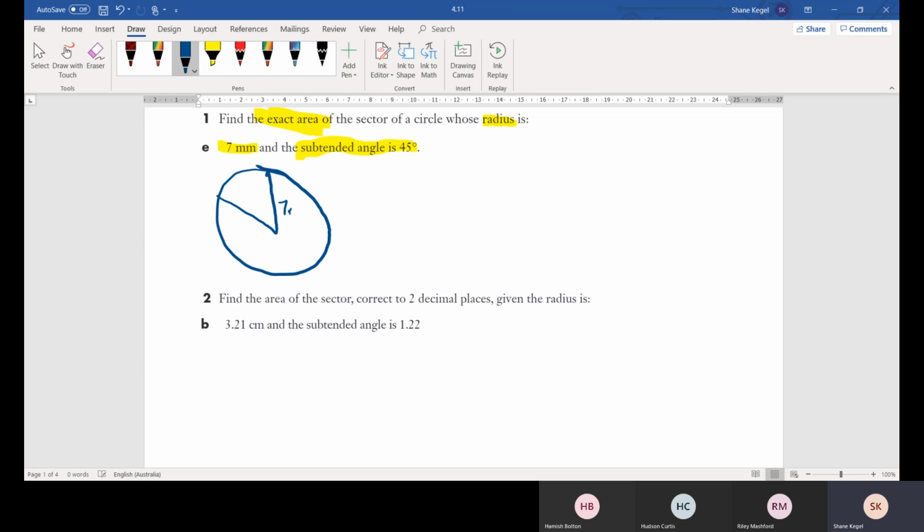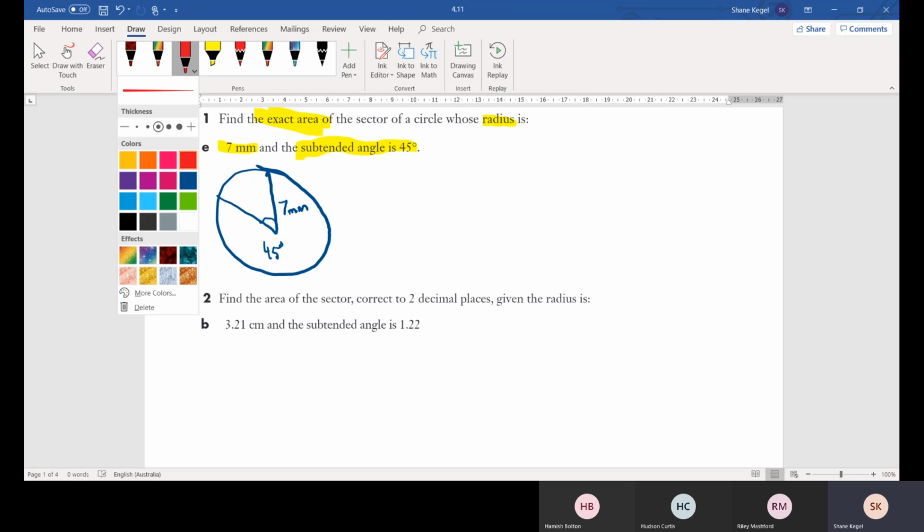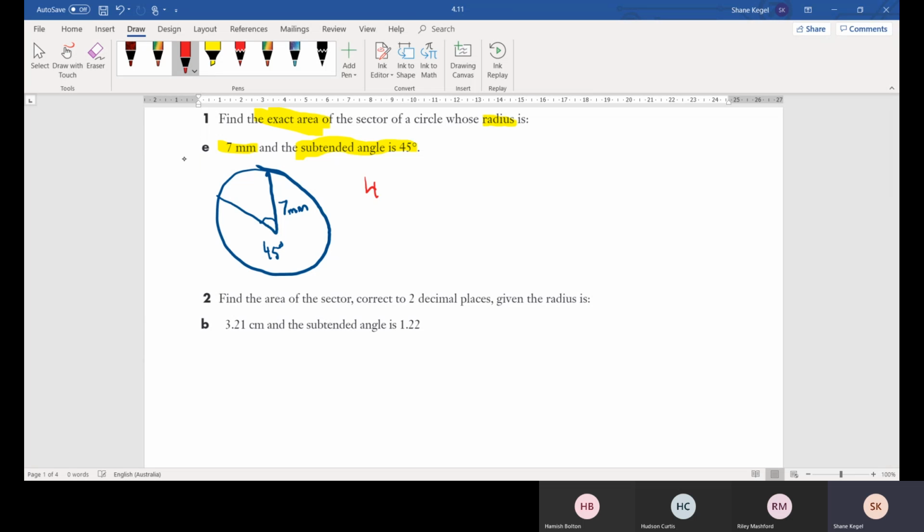So we've got a radius of 7 millimeters here. Our angle subtended is 45 degrees. So considering we need an exact area, that hints that we need to first change this degrees value to a radian value. So I'll do that over here first. I've got 45 degrees.